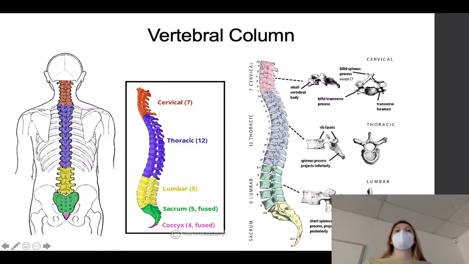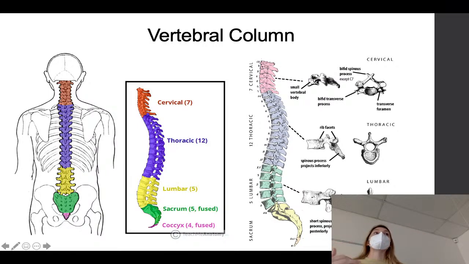So within cervical, we will have 7 cervical vertebrae, and they will be numbered C1 through C7. Anytime we need to figure it out, we can easily just look at our spine and count them out from looking at either the fronts or the backs. Thoracic is going to have 12 vertebrae. So the number will start over.